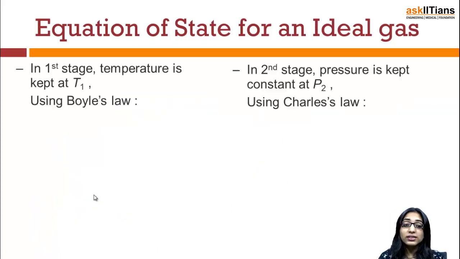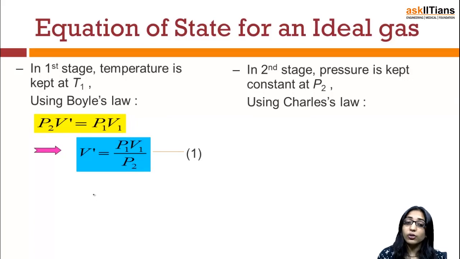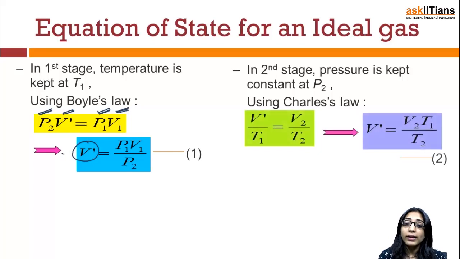So you can directly write: initial pressure is P1, initial volume is V1, and this will be equal to, let's say the final pressure P2 and the final volume for the first stage V2 dash. We can solve this equation and find the value of V dash as P1 V1 by P2.